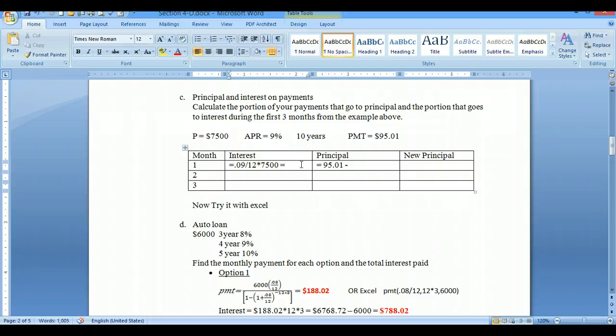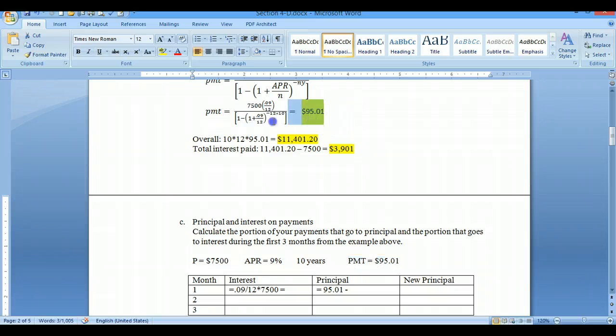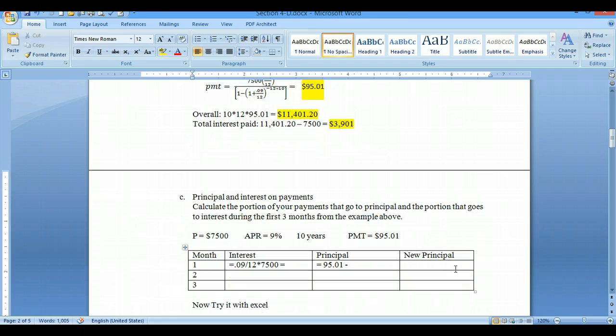So we want to calculate the portion that goes towards interest from the payment. So my payment, we already found using our formula right here, is $95.01. Now notice I've rounded mine and it's not using Excel to go beyond the 1 penny. How much money of that is going to go towards my interest?